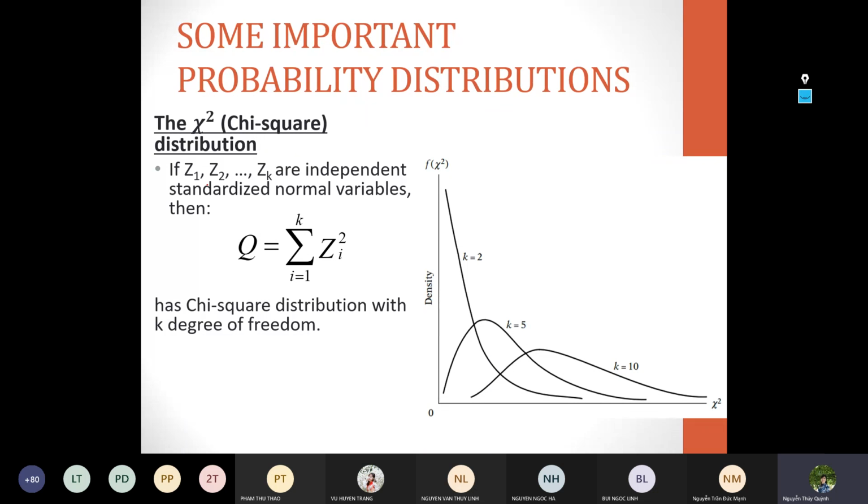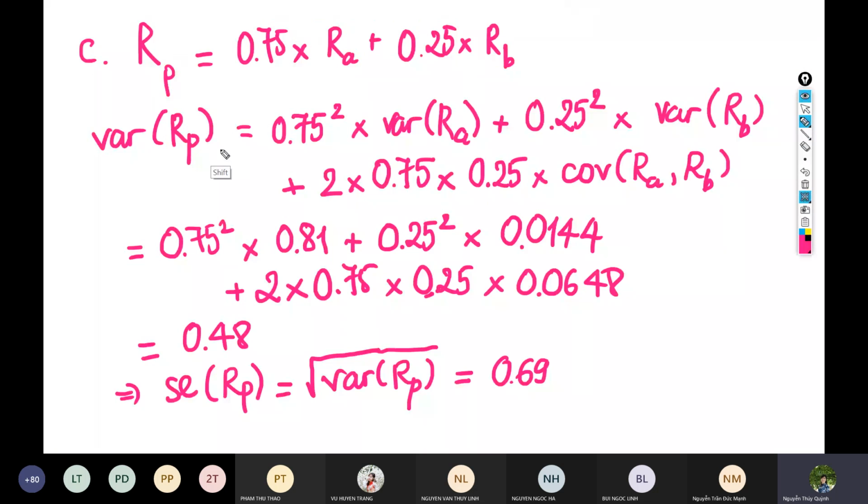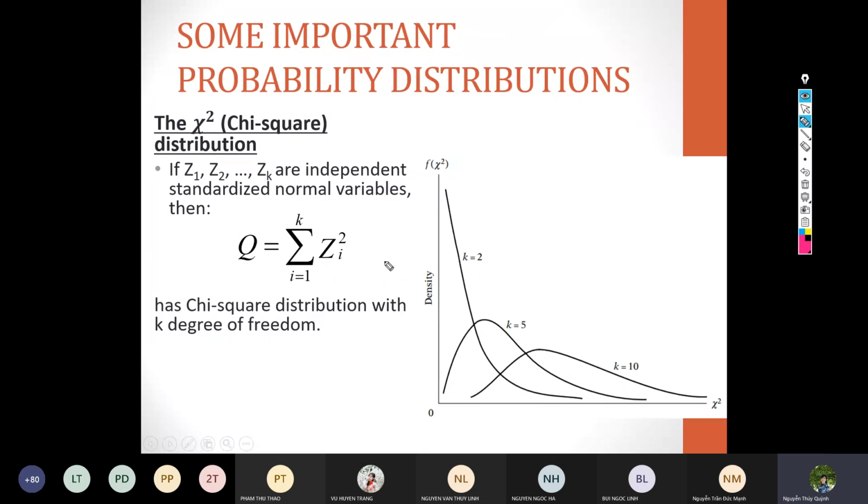So for example, we have an x variable and x follows a chi-square distribution here. We want to know the probability that x has an observed value falling into the range from a to b.